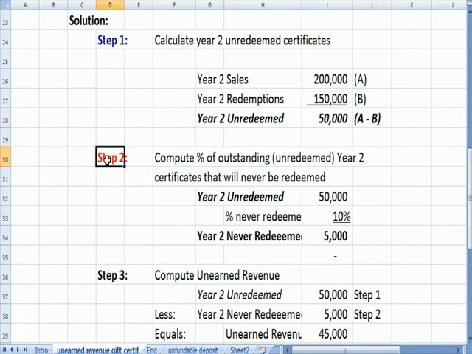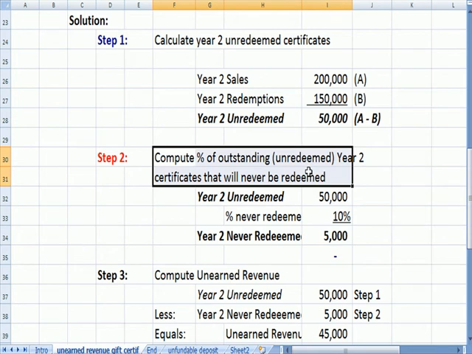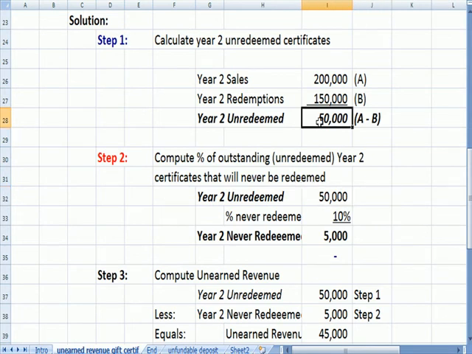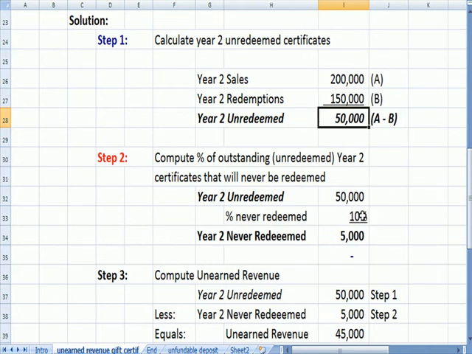Step 2 of our solution is we compute the percentage of outstanding or unredeemed year 2 gift certificates that we don't think will ever be redeemed. So we take that $50,000 balance from step 1 of unredeemed gift certificates, and we multiply it by the 10%, which is the percentage we expect won't be redeemed, and we end up getting $5,000 is the amount that will never be redeemed.